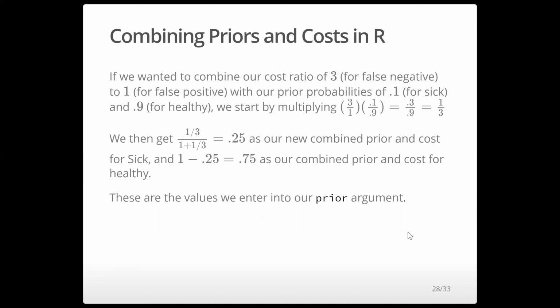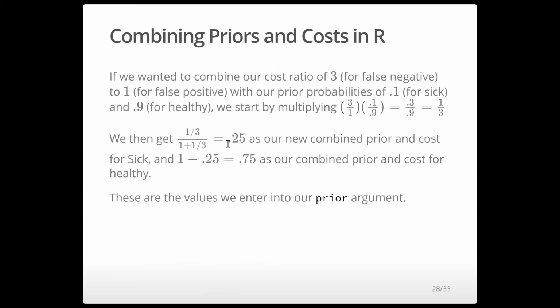So if we want to combine our cost ratio of 3 to 1 with our prior probabilities of 0.1 and 0.9, we're going to start by multiplying out those ratios. So we have 3 divided by 1 times 0.1 over 0.9. That gives us 0.3 over 0.9, which is 1 over 3. Then we do the same thing we did before: we convert this to a probability by taking 1 over 3 divided by 1 plus 1 over 3.